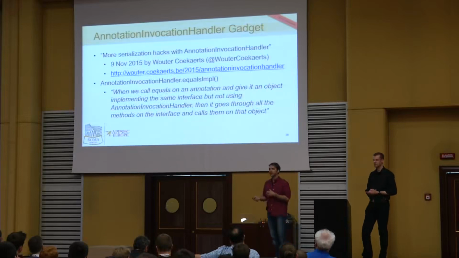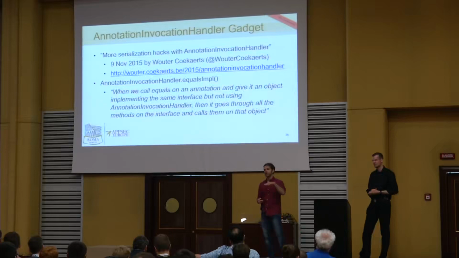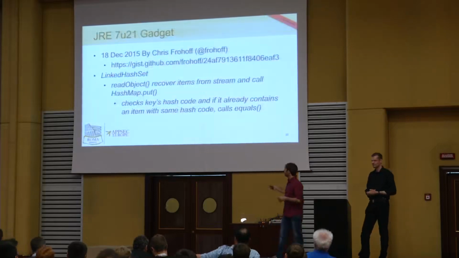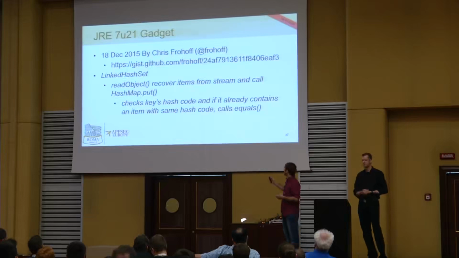And he found that the equals implementation of this invocation handler was interesting because it's going to call all the zero-argument methods on the object that is passed as the first argument. So that's basically what Chris Frohoff used in order to get this Java 7 up to update 21 gadget.